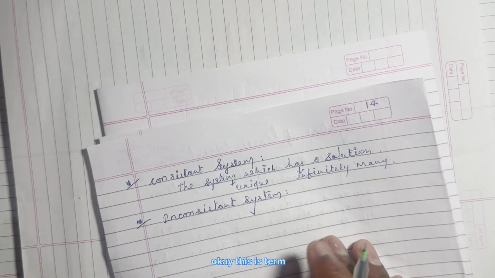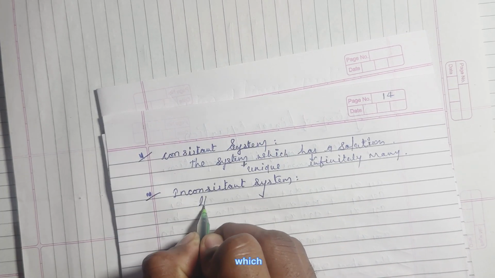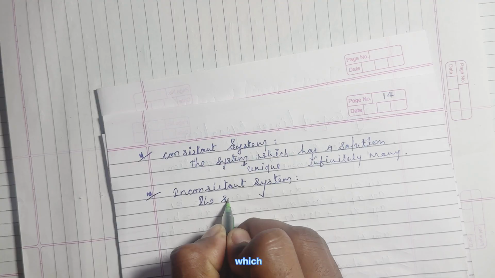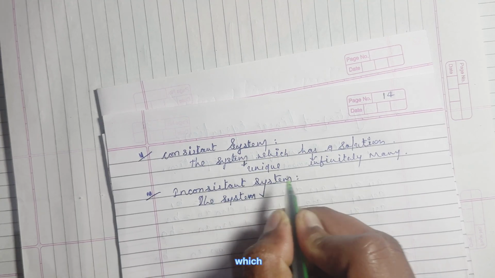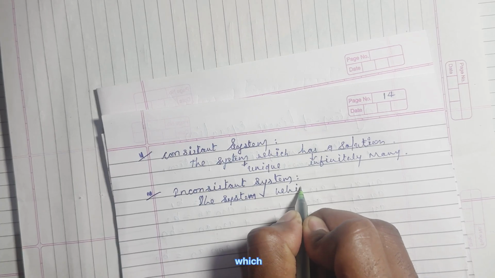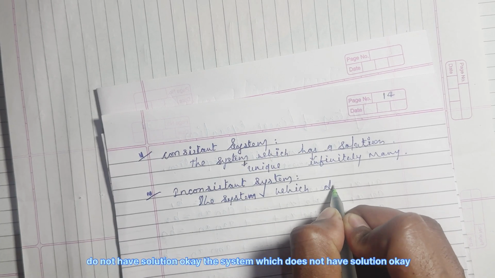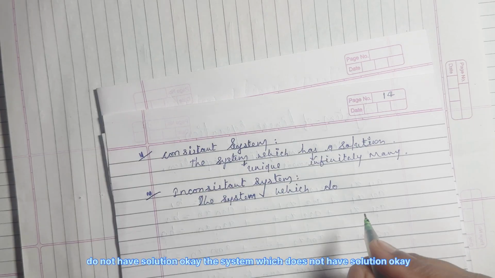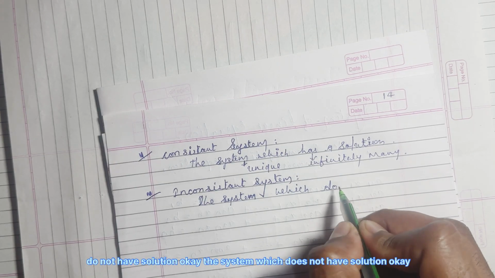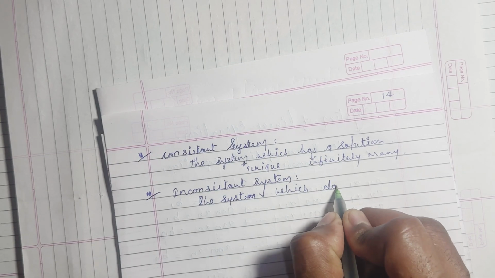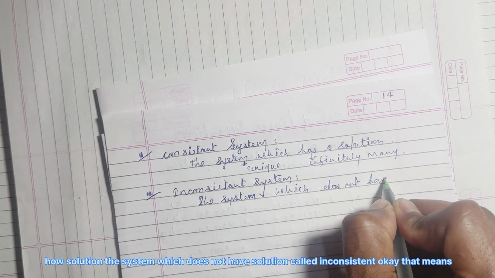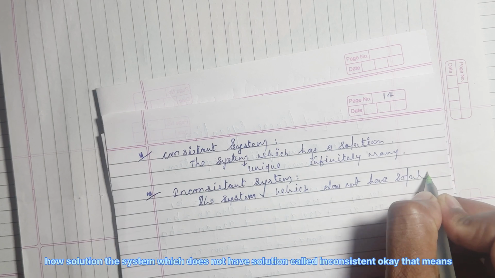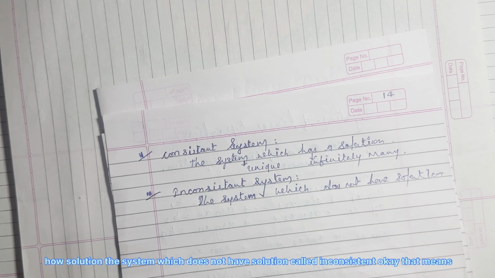The system which does not have a solution is called inconsistent.